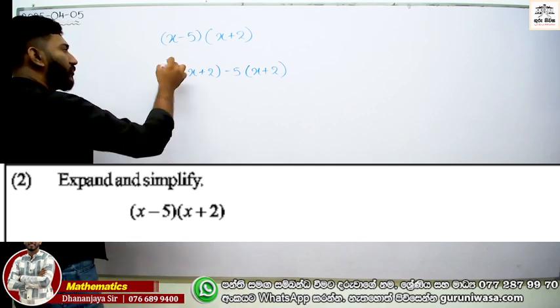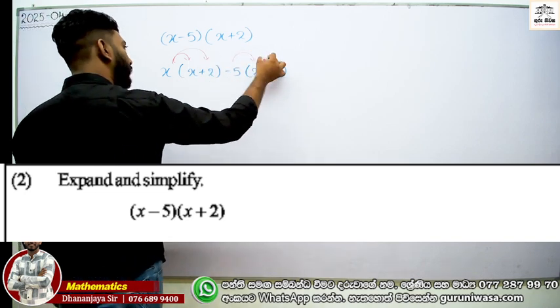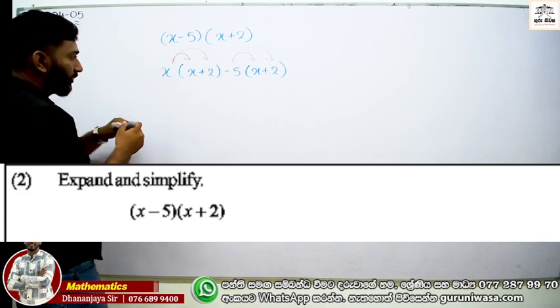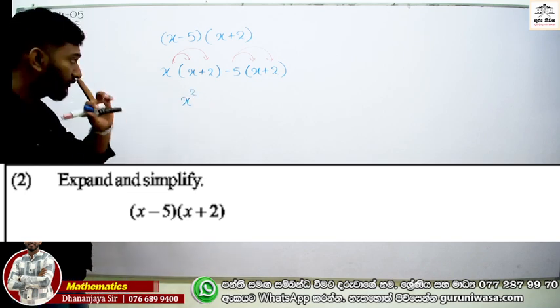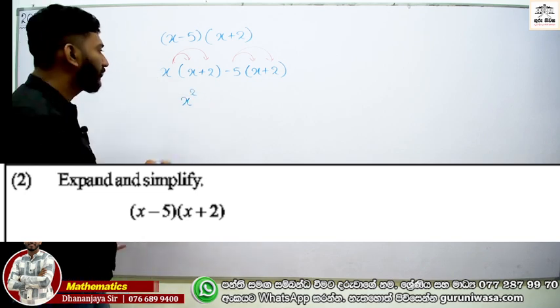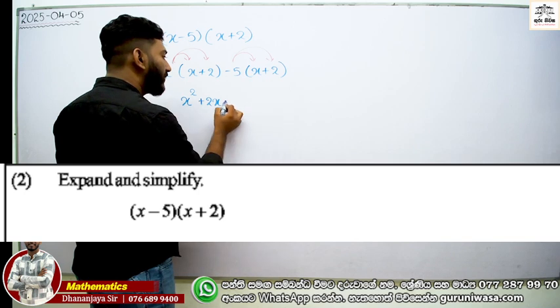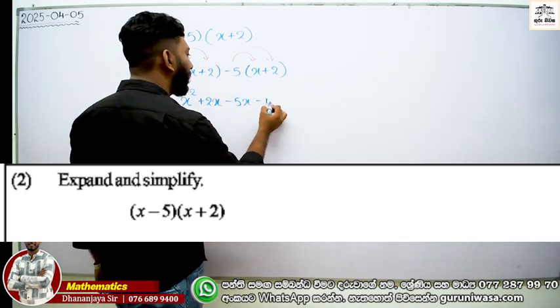And x into x becomes x to the power of 2. It's not 2x, sorry. X into x becomes x squared, and x into plus 2 becomes plus 2x, and minus into plus becomes minus 5x, minus 5 into plus 2 becomes minus 10.